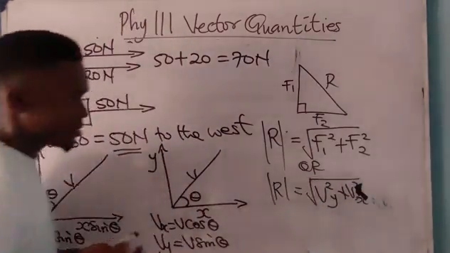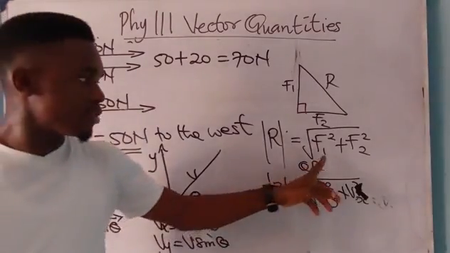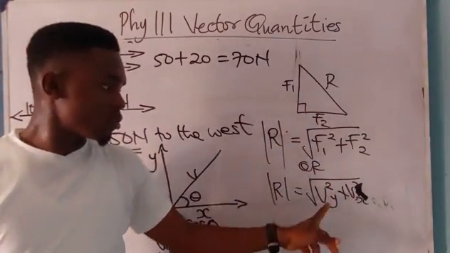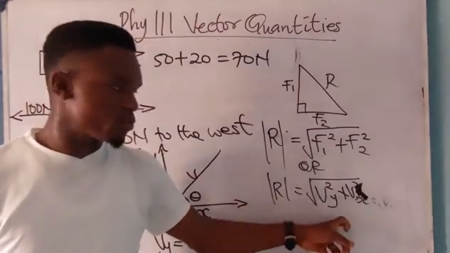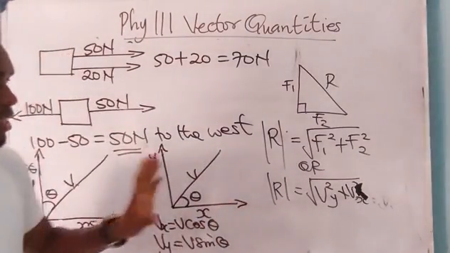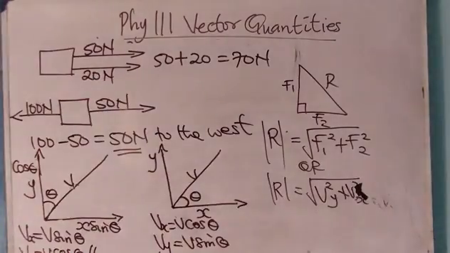The both of them are the same, just that the first one I used forces, and the second one I use their axes, y and x axis. Take note of that. It is very, very important.